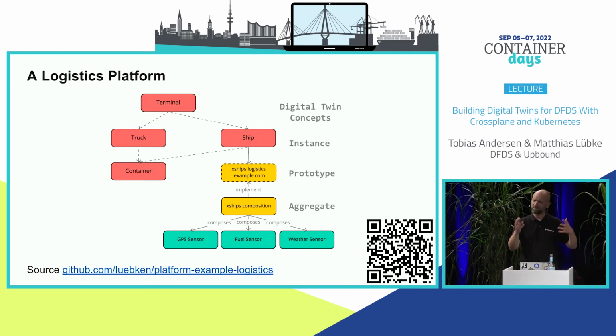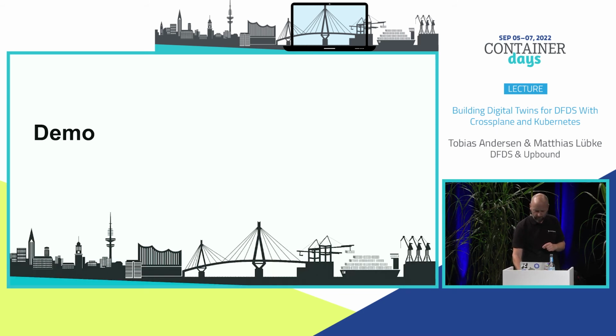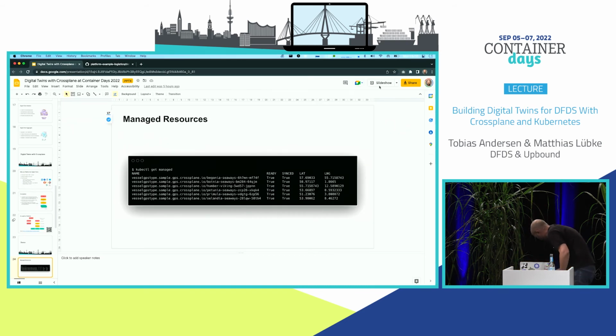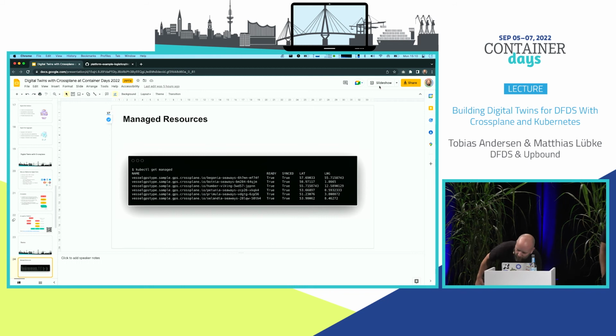And as I said, when I was looking over the slides, I'm thinking that the whole control plane is the aggregate, but we can discuss that later. But this is one of the mappings. We have an instance, we have a prototype, and an aggregate. All right, so let's actually look into what this could look like. So you see actually something running.